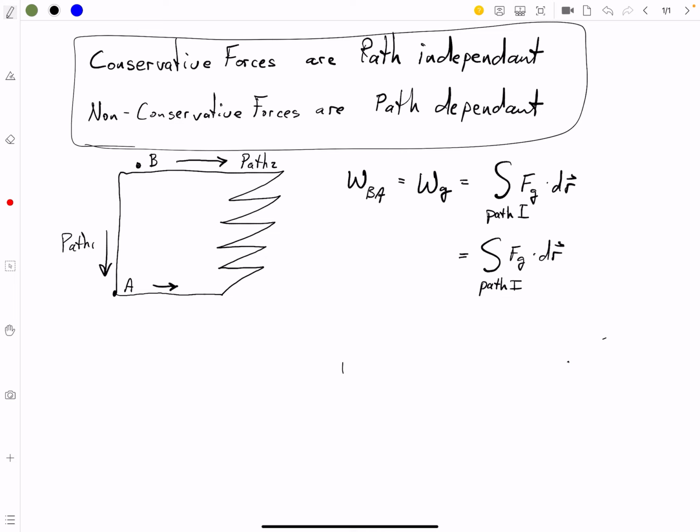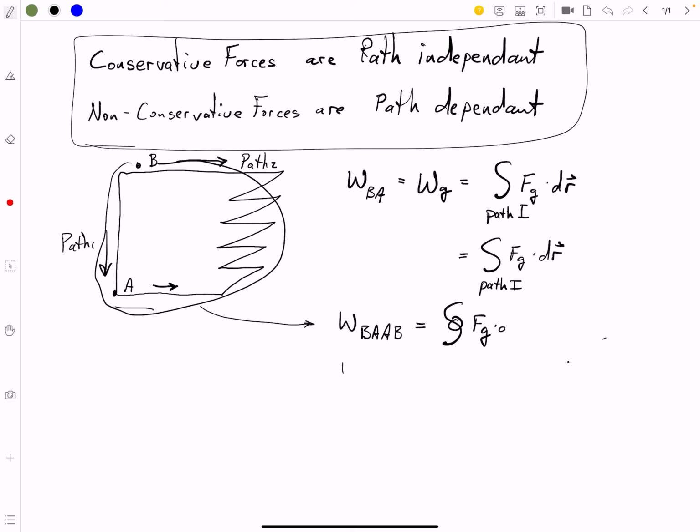So if we were to do the work BA, AB, we should get an integral. It's a circular integral of the force of gravity. So we're going like this in a circle. Okay, that circle is this integral. So dr, that means that we're going to go up one side.